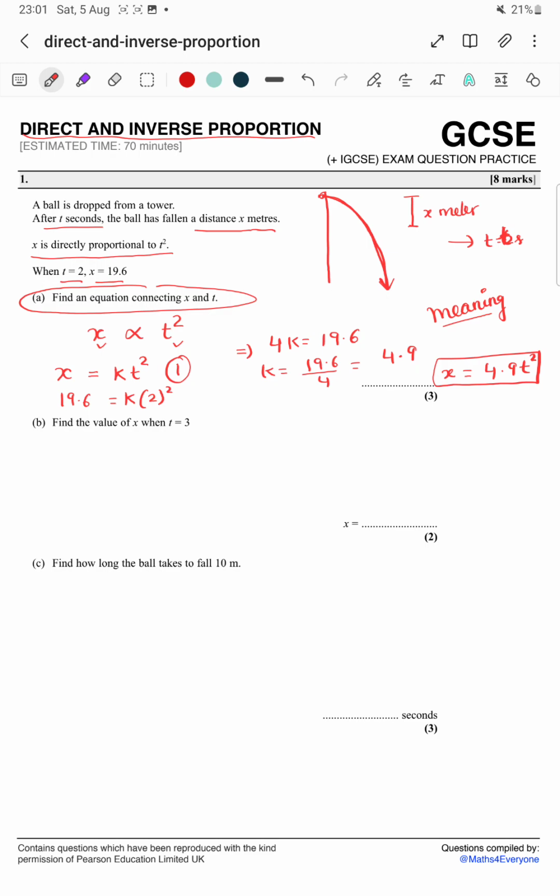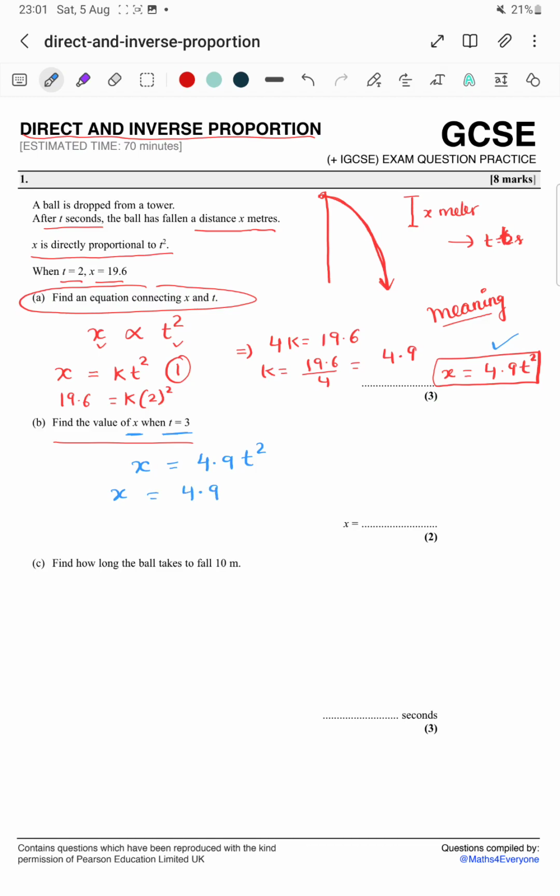Now the second part of this question is, find the value of x when t is 3. Once you have got this equation connecting x and t, after that you just need to do the substitution. So we know that x is equal to 4.9 t squared, and they ask what is x when t is 3.